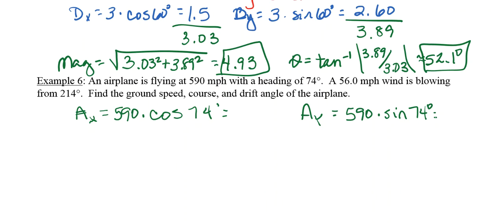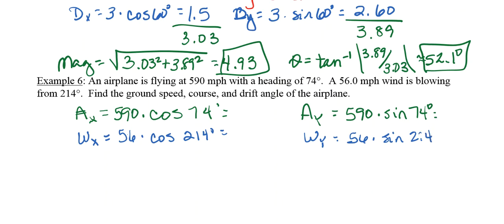And then we have the wind. So the wind's X would be 56 times cosine of 214. And the wind's Y would be 56 times sine of 214. So let's go ahead and plug those in and get those numbers.